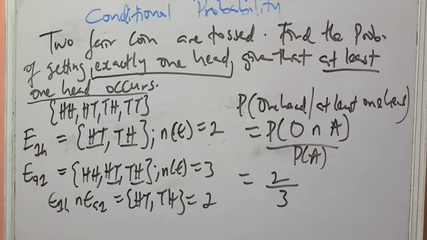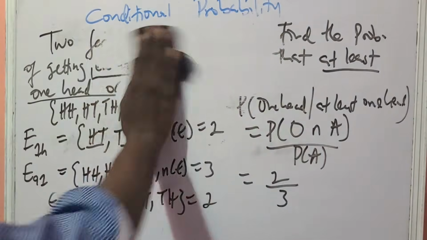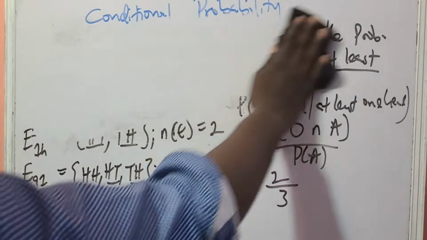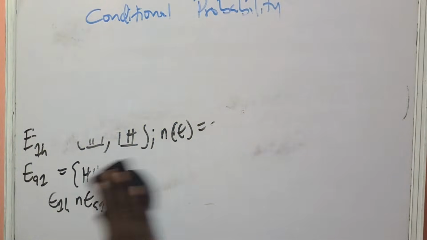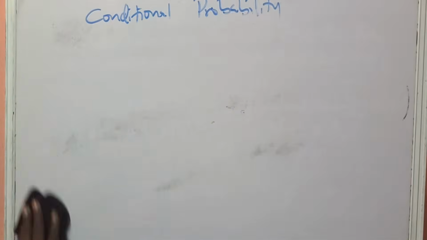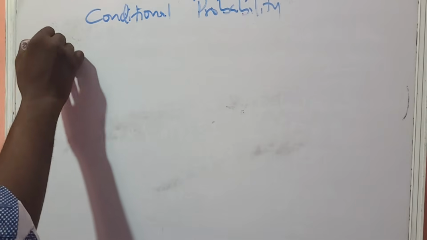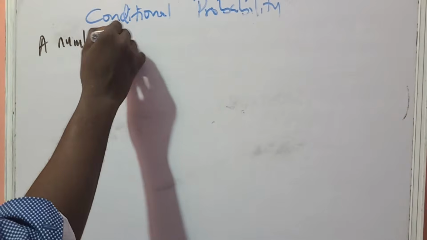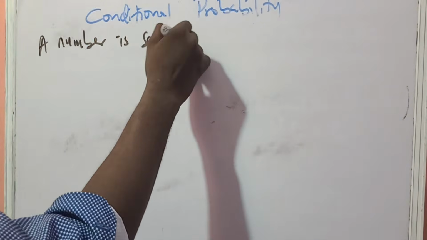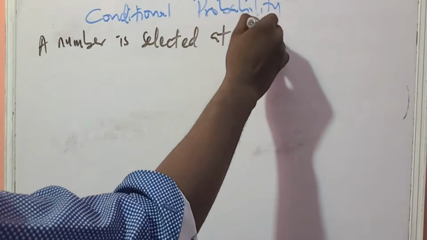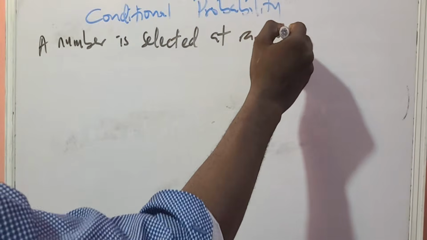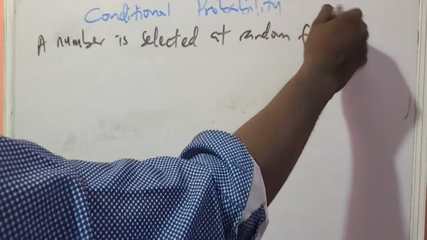A number is selected at random from 1 to 20.